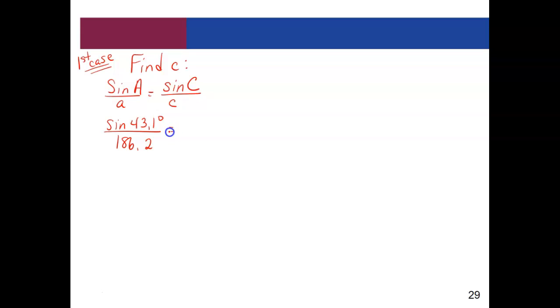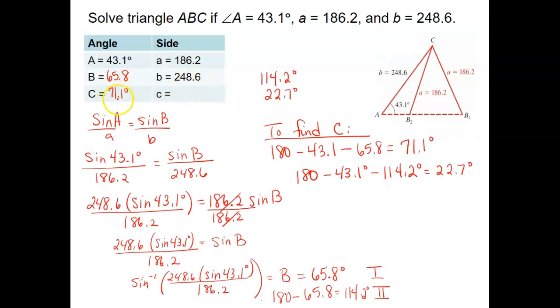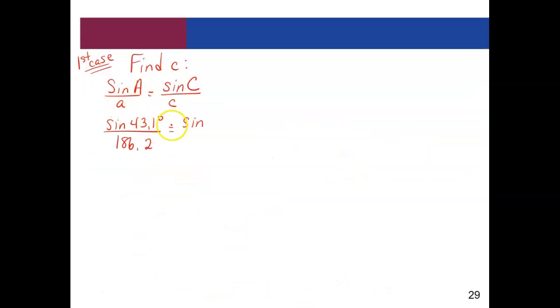All of that I was given to begin with. Here I'm going to use the first angle C, the 71.1, over C. So I'm going to cross multiply.